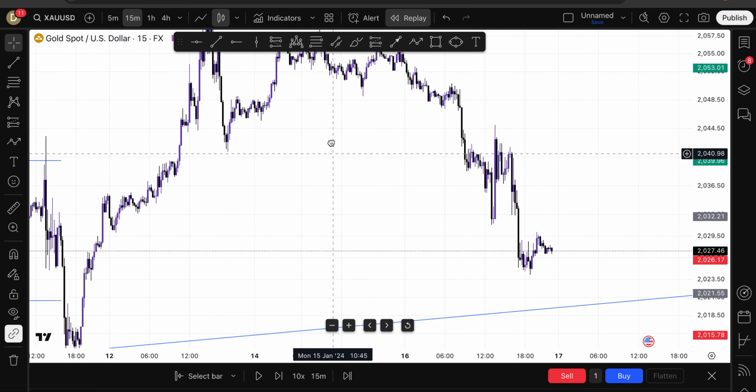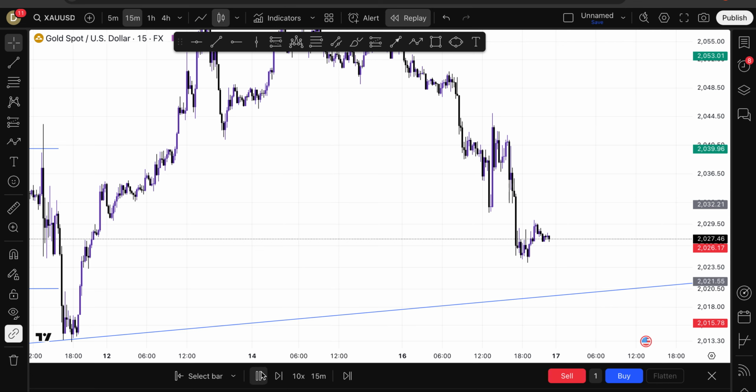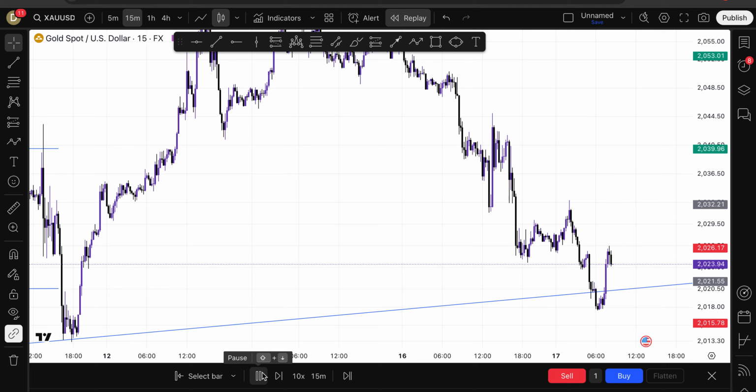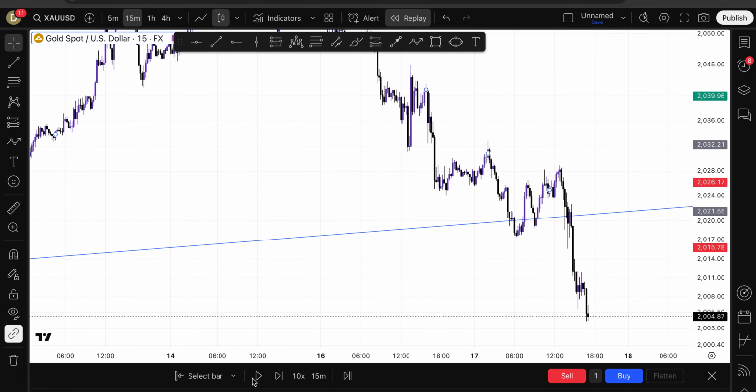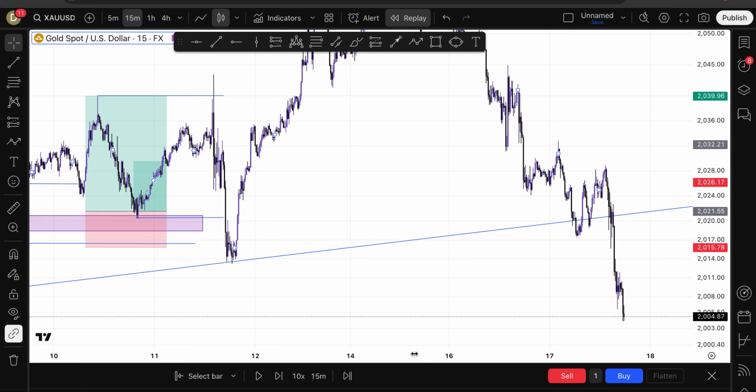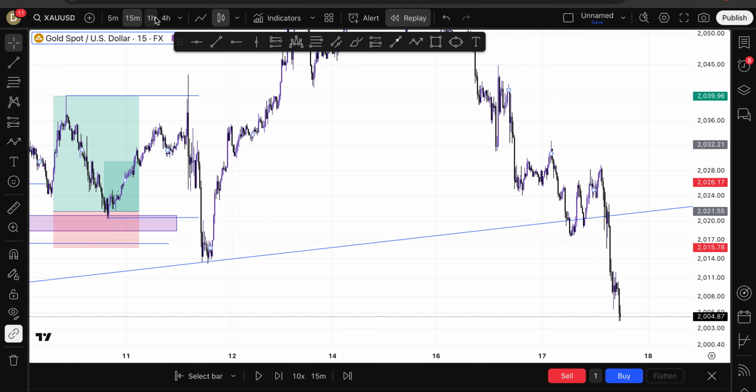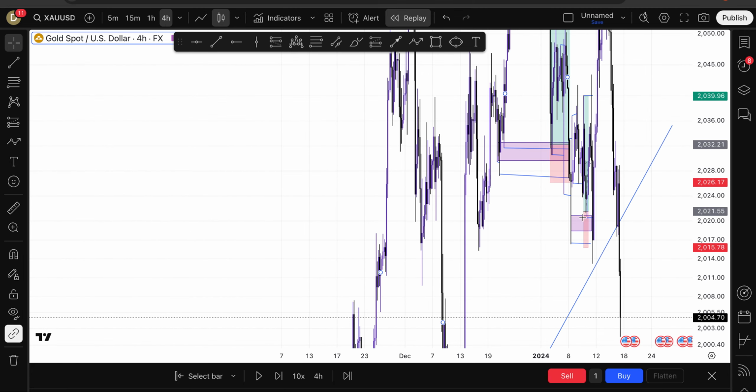That means where is this market going? Is it going to break this trend line? It touched the trend line again. I know it's going to break it. So as it breaks this trend line, let's start looking for sell, because obviously there is a market structure shift.